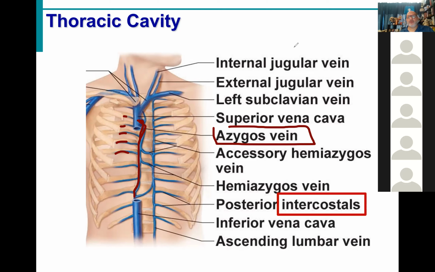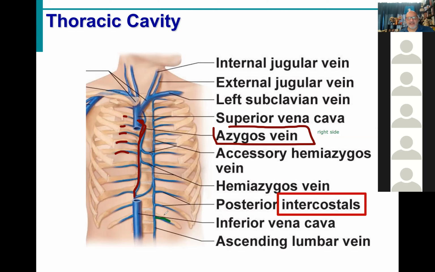And it pretty much drains the right side of the thoracic cavity. So, of course, we have a right azygous and a left azygous, and the left azygous does the same thing on the left. No. No, that'd be way too easy. Instead, we have a blood vessel that tries to do the same thing on the left.